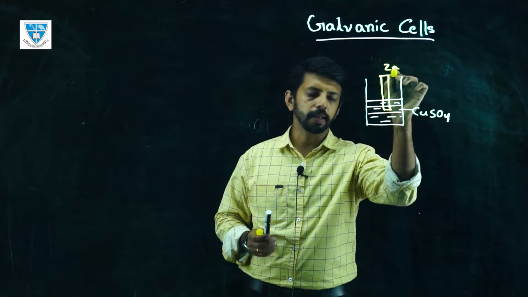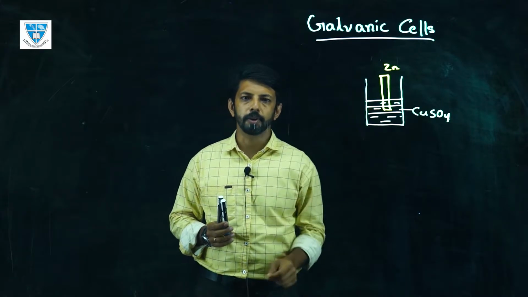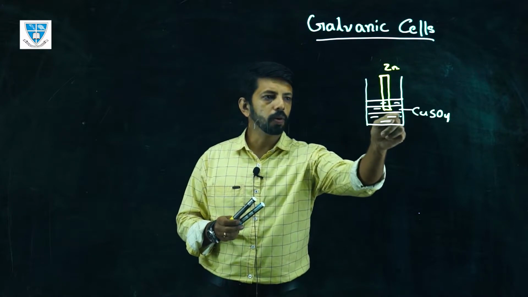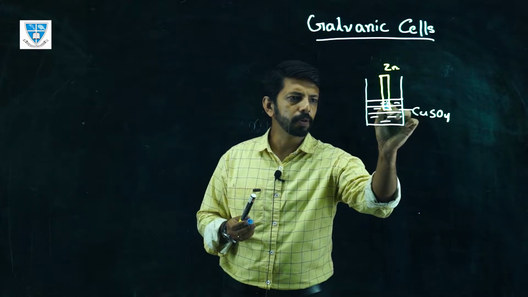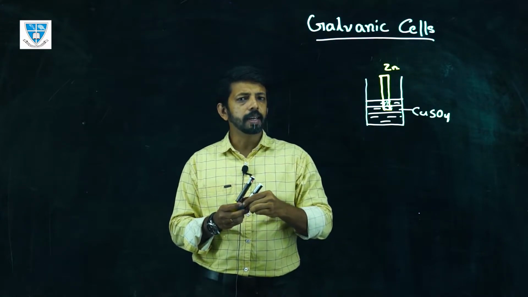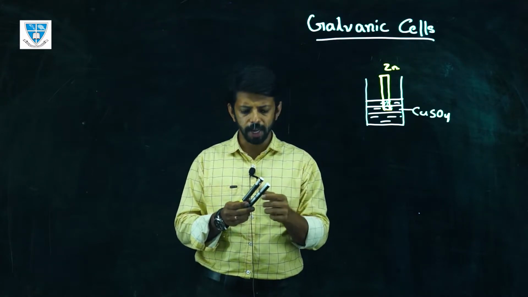So this is zinc. When we put zinc into copper sulfate solution, these are the reactions happening. We can see that the zinc goes into the solution, and some amount of copper will be deposited over this zinc, and you can see that the color of the copper sulfate decreases.